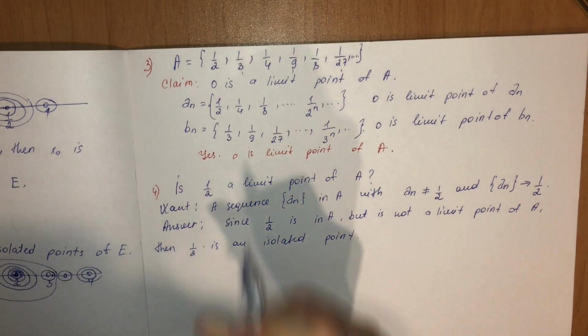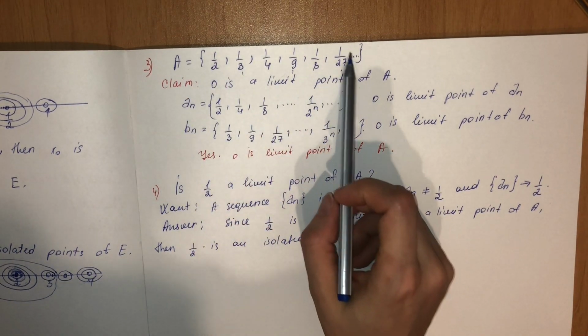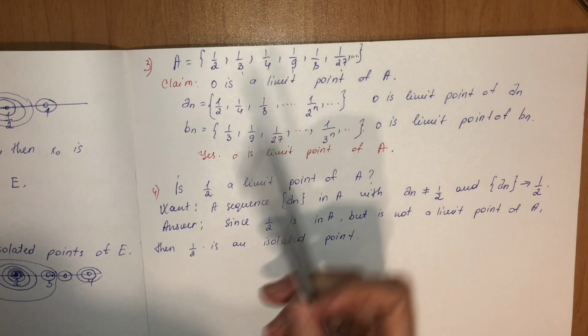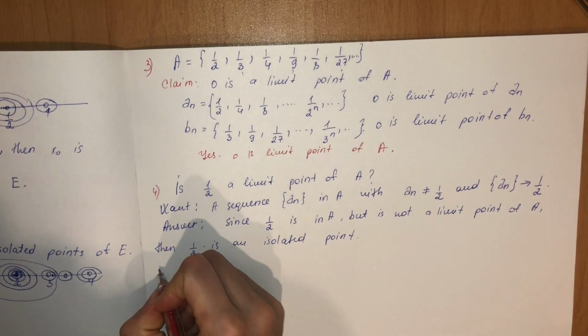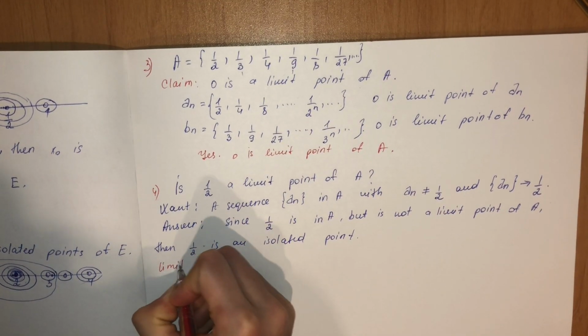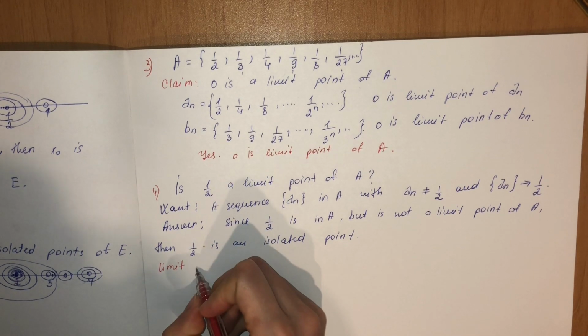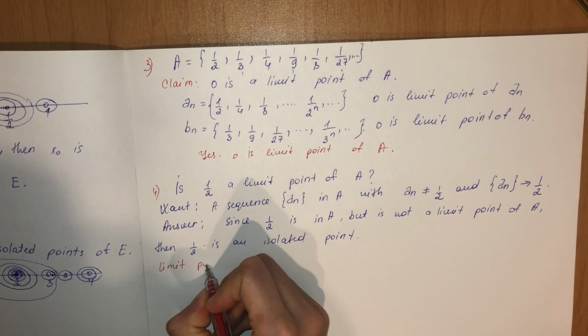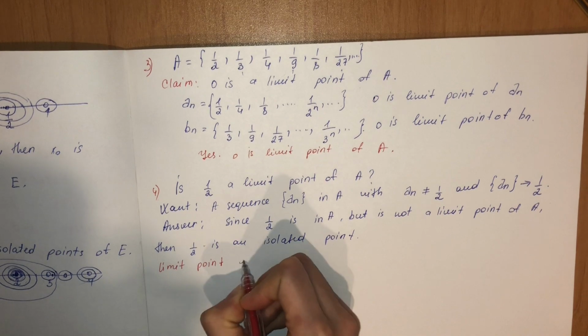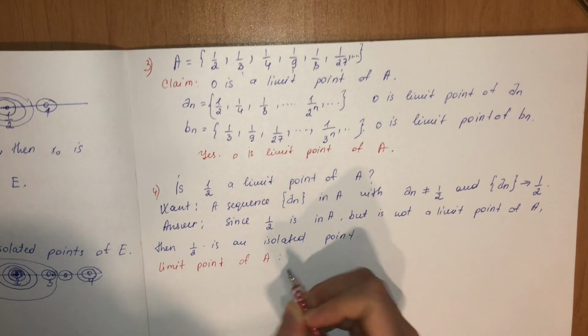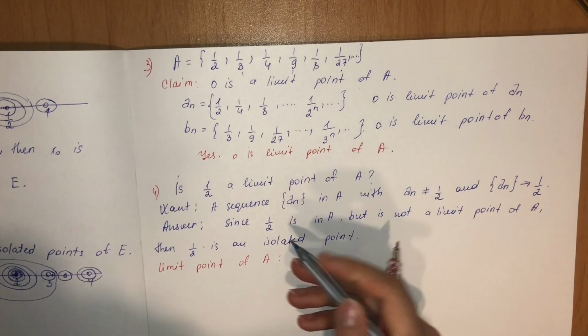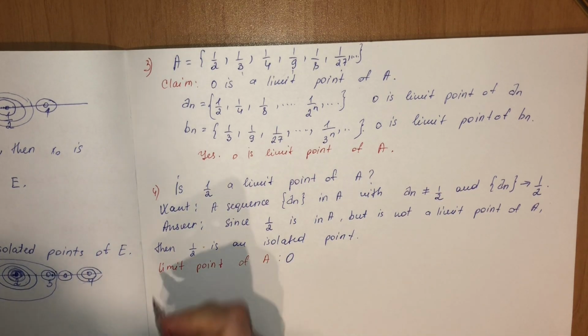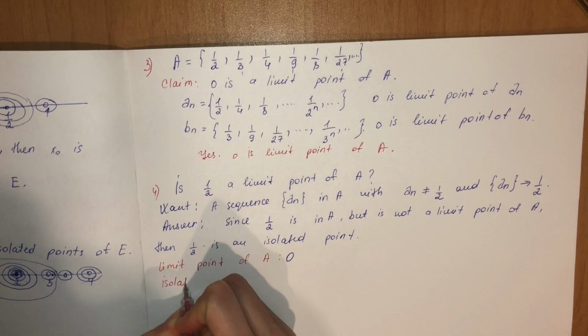So let's find out the isolated points of A, and also the limit points of A. We have found out that the limit point of A is 0. What about the isolated points?